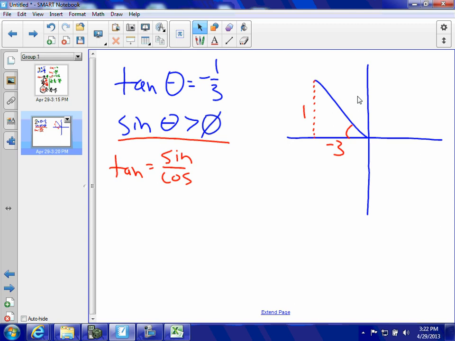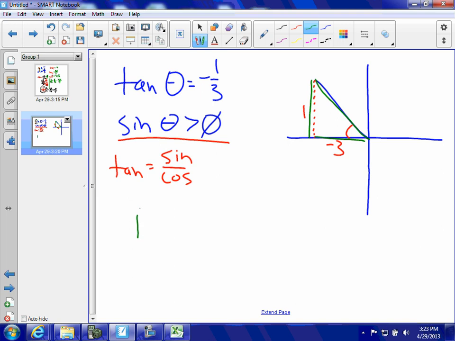Well, if tangent is negative 1/3, sine is 1, cosine is 3, I need to find the length of my hypotenuse. So I want to find the length of my hypotenuse.